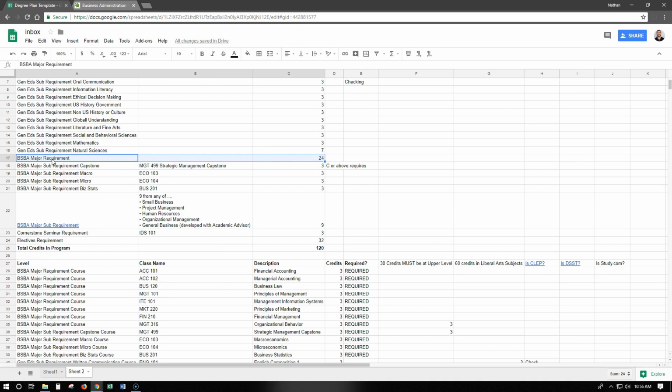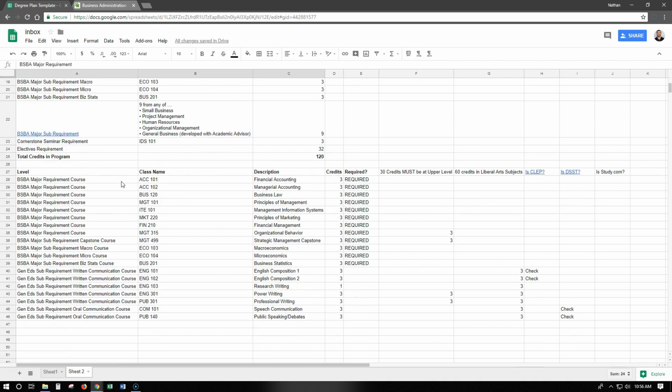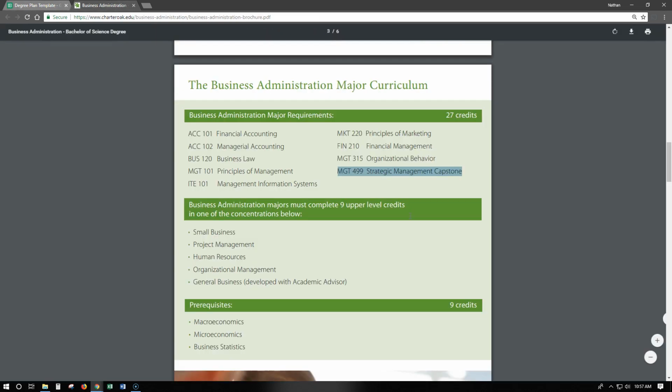This says BSBA major requirement, and I left it at 24 up here, but I actually broke out each of these, and you can see that I just put the biz stats, the macro, micro, the capstone, and each of the courses that they list. And all told, that adds up to your 36 before you get into this section, the 9 from upper level credits in one of these concentrations.